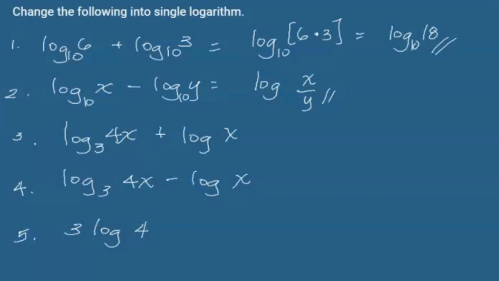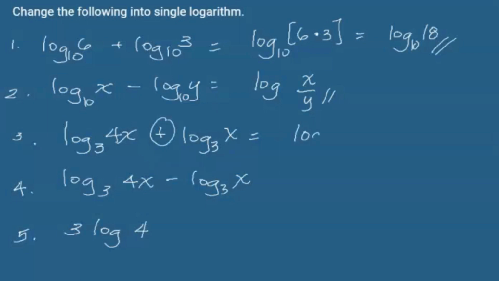Okay, next, number 3. Logarithm of 4x to the base 3 plus logarithm of x base 3. Sorry, so for number 3, it's a plus. So it's the product law.